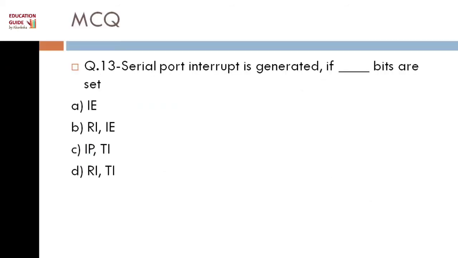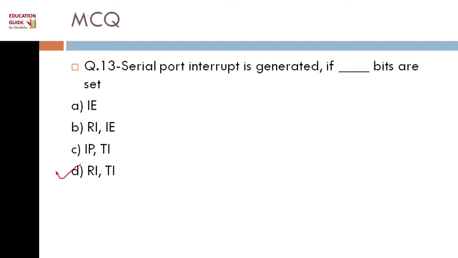Next MCQ is: serial port interrupt is generated if which bits are set? Options are IE, IE, IP, TI, RI, TI. Answer will be option D. 8051 has a serial communication port and has related serial interrupt flags.